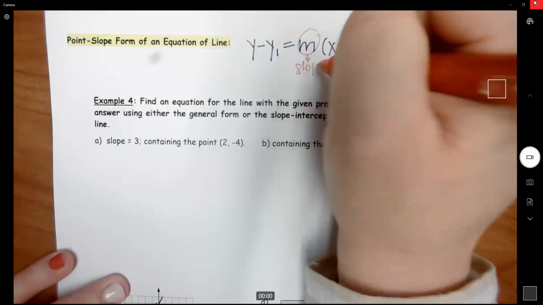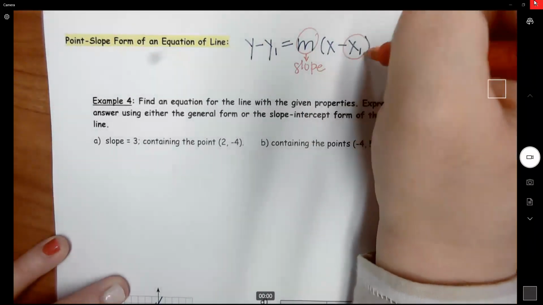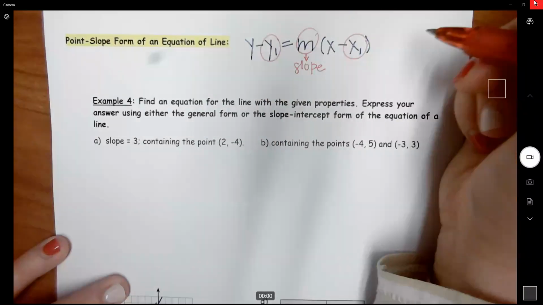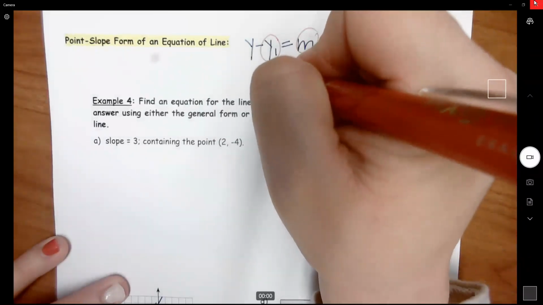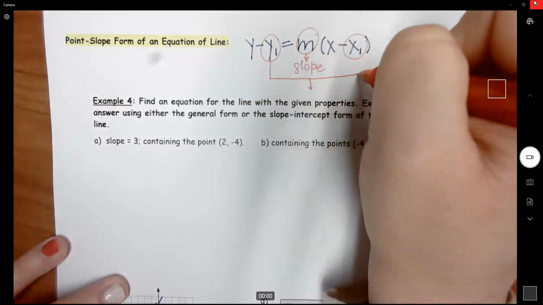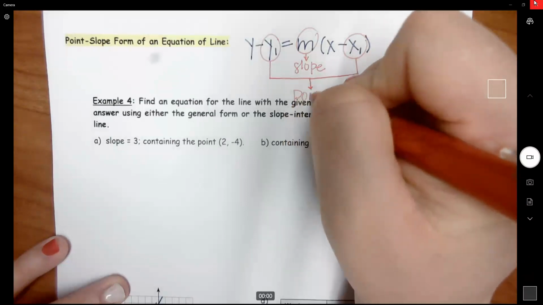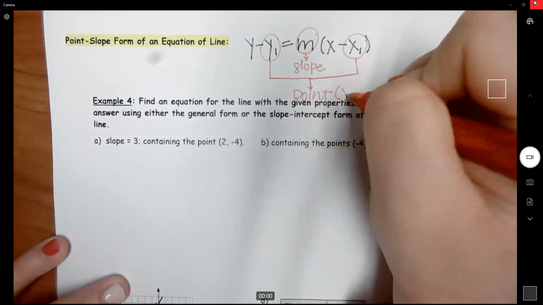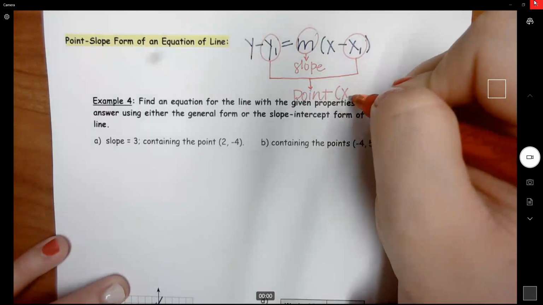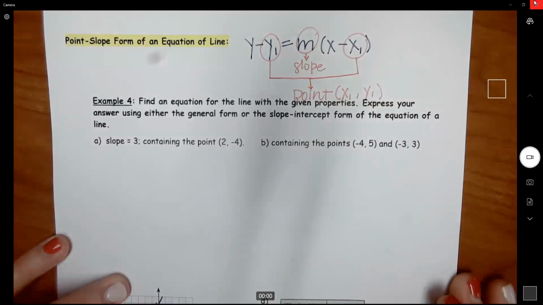M is my slope. And now we have an x1 and a y1 here, and these represent a point. This is your x1, comma, y1.